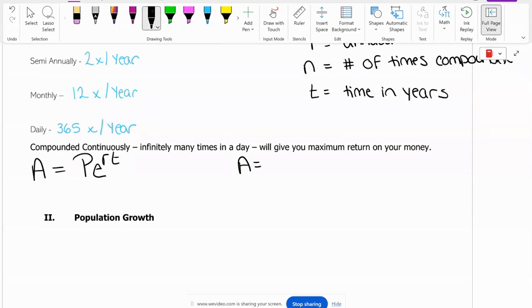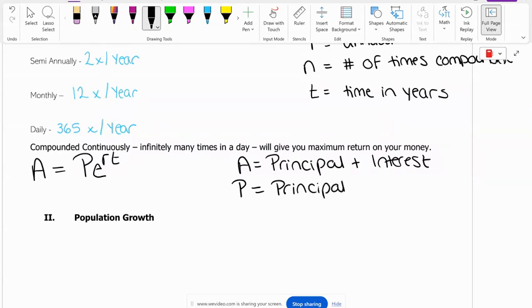A is going to represent our principal plus our interest. P is the principal amount. R is the rate. And T is time.